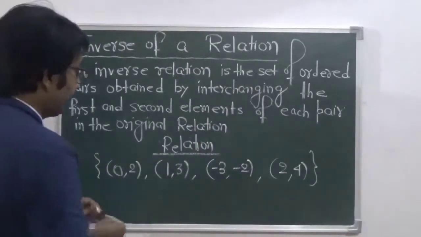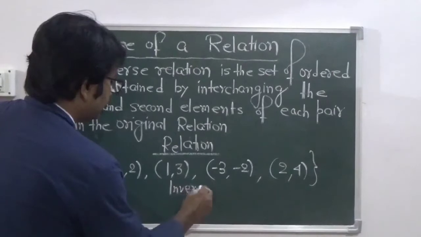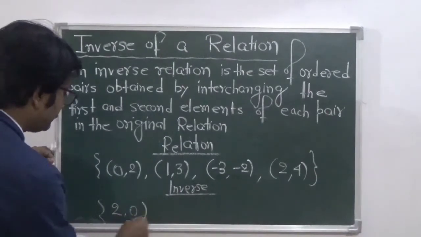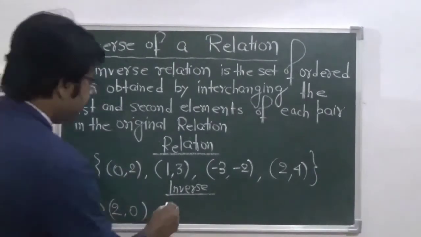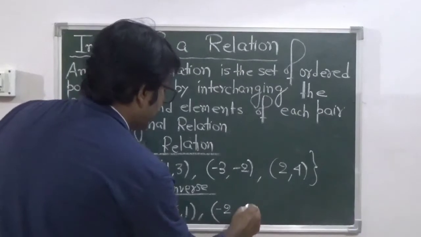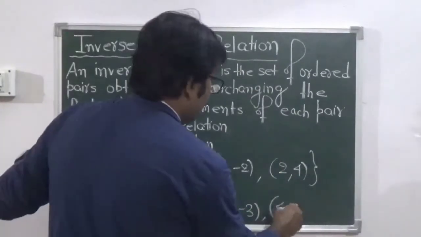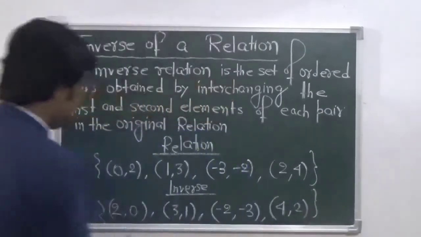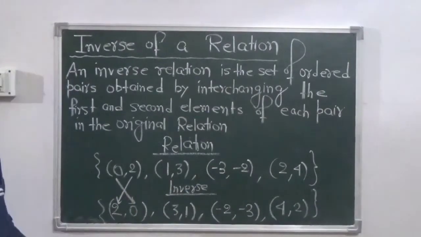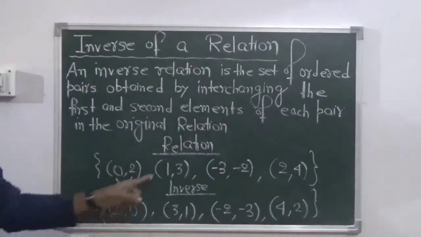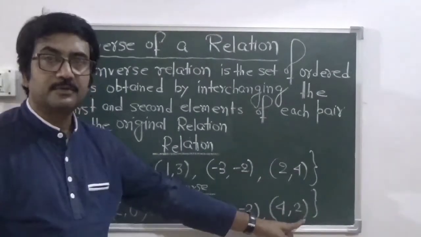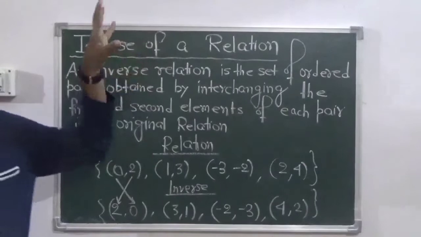So the inverse of this will be: (0, 2) becomes (2, 0), (1, 3) becomes (3, 1), (minus 3, minus 2) becomes (minus 2, minus 3), and finally (2, 4) is written as (4, 2). So the first and the second elements are interchanged. This is the inverse of a relation.